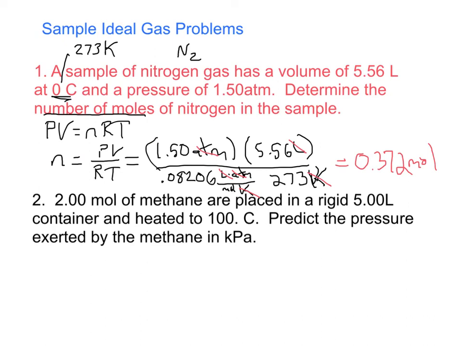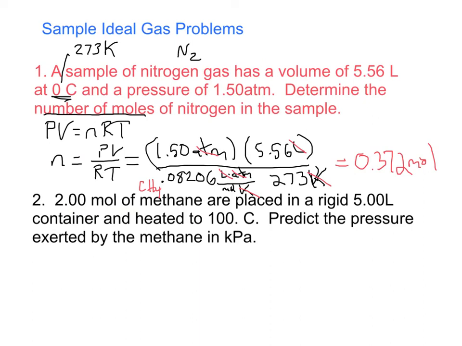Okay, second example. So this one is asking us to predict the pressure. Go ahead, Mr. Hunter. My voice is giving out. So this one's asking you to predict the pressure given the following conditions: you have 2 moles of methane, which is CH4, which doesn't matter for this question, in a rigid 5-liter container at 100 degrees Celsius, which of course would be 373 Kelvin.